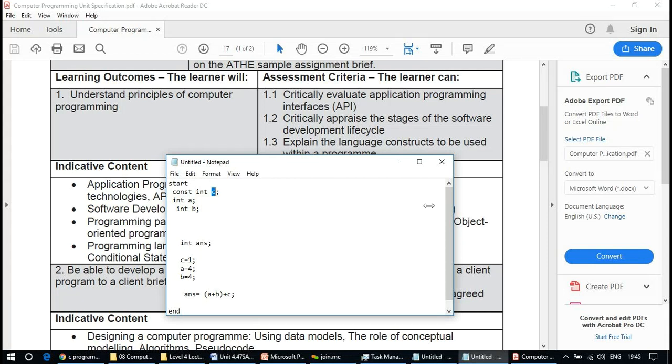Then I told you there would be another two numbers, A and B. Their type would be integer and integer. And I told you that what you would be doing is telling me the total operation, that would be the answer.